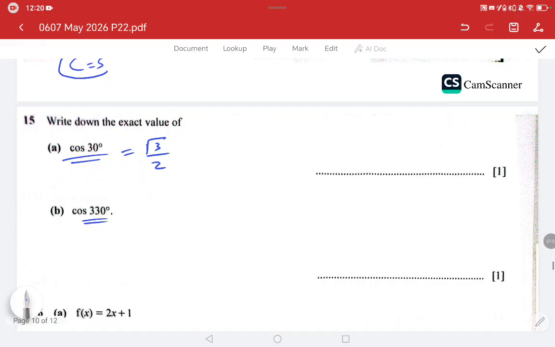Now we have cosine 330. If you look at this, here 0, 90, 180, 270, and again this one is 360. It's the same as 0. 330 is in the fourth quadrant, right? This is first, second, third. And as you know about cosine, here all are positive.